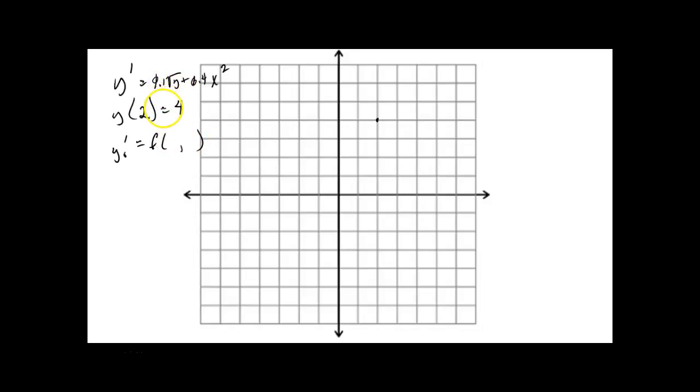So your y prime there at that point, I just did it in my head, was 1.6 plus 0.2, 1.8. There's the first derivative there. So a slope of 1 would be that way, 2 would be a little steeper. So 1.8 would be something about like that.